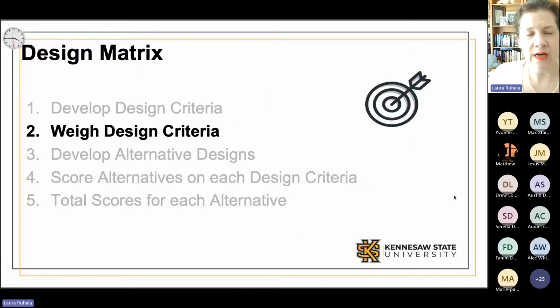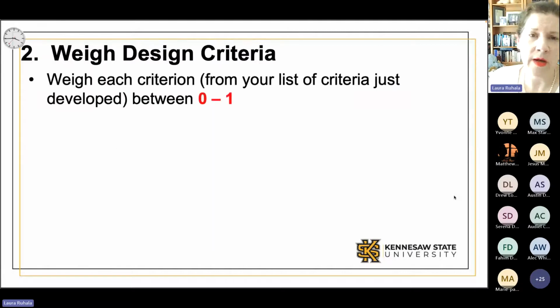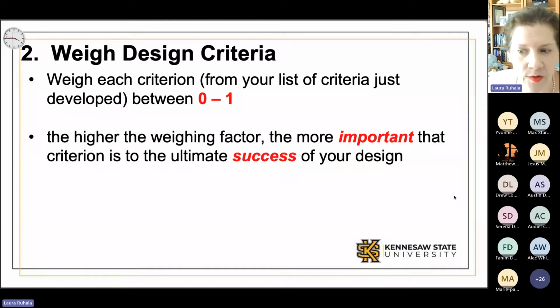Okay, after you've come up with your design criteria, then you need to weigh them. I want you to weigh each criterion from your list of criteria that you just developed between 0 and 1. The higher the weighing factor, the more important that criterion is to the ultimate success of your design. Now, I do want you to do between 0 and 1 for the criteria.